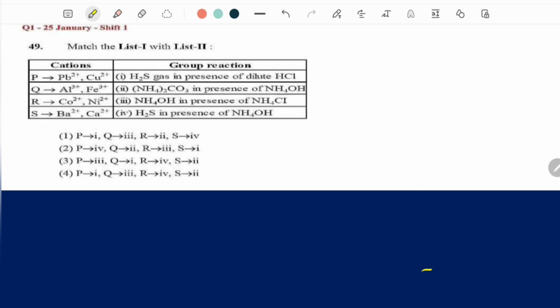See, cations. Lead plus 2, copper plus 2, it belongs to group 2.